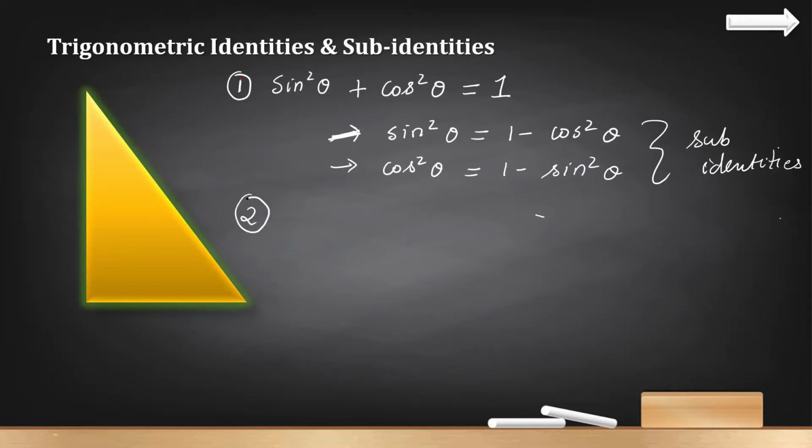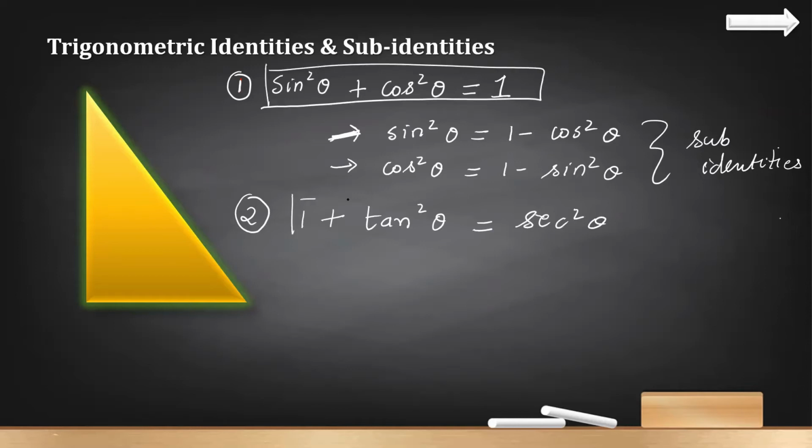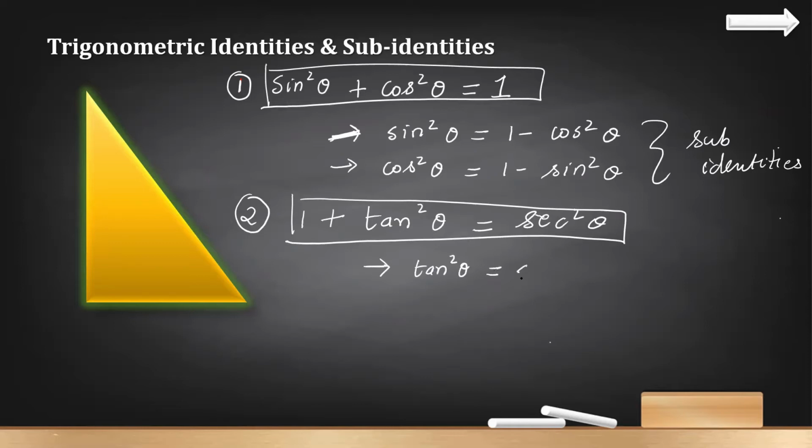The second identity that we have today is 1 plus tan square theta is equal to sec square theta. This is your main identity number 2. So the two sub-identities: if this is the situation, then tan square theta is equal to sec square theta minus 1.